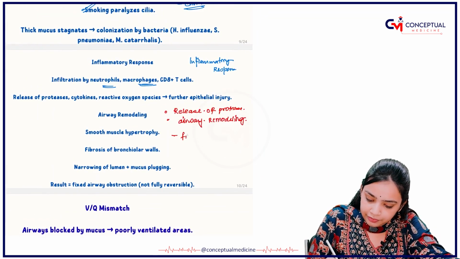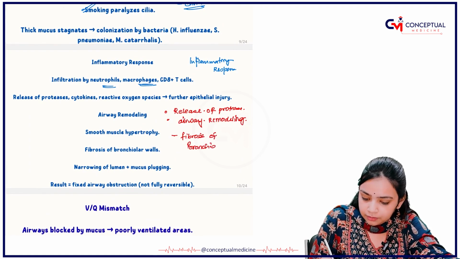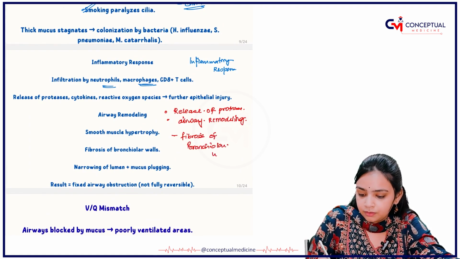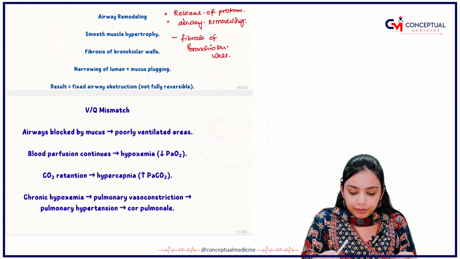There will be fibrosis of the bronchoalveolar wall, and there will be narrowing of the lumen.